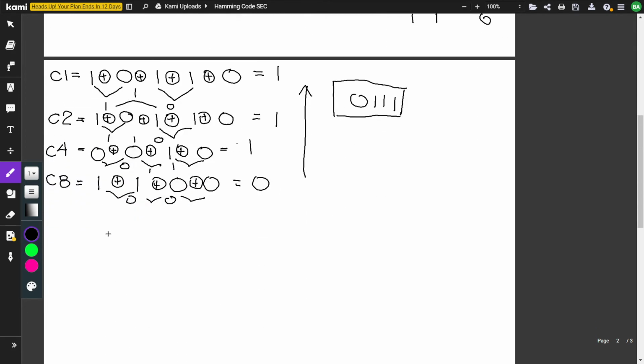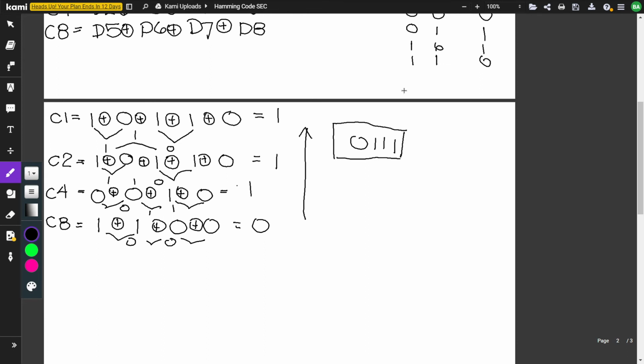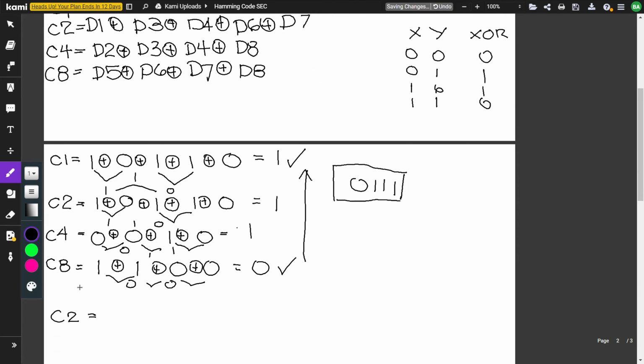So for C1, the original value will be retained. We just have to compute the new value for C2. Let's just copy the original, which doesn't have any changes.